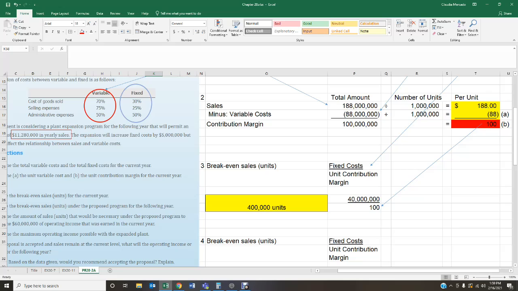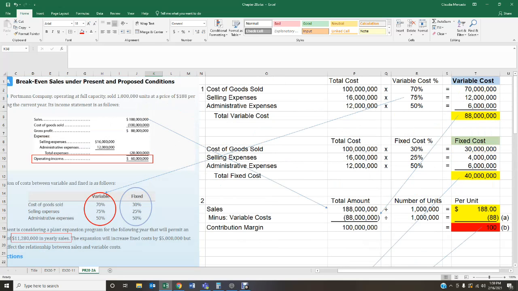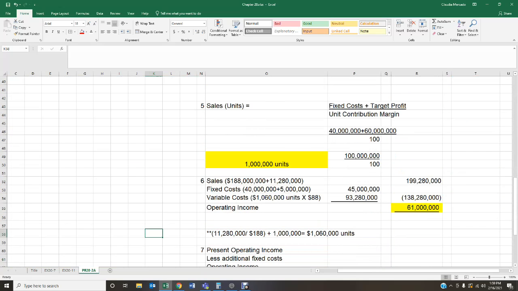So requirement 6. Remember, we are operating at full capacity. At full capacity, we're selling 1 million units, okay? So those are the 1 million units that we are incorporating down here. Regardless, we are working at maximum capacity. Those 1 million units must be produced.